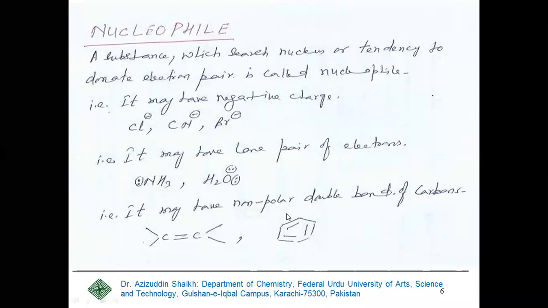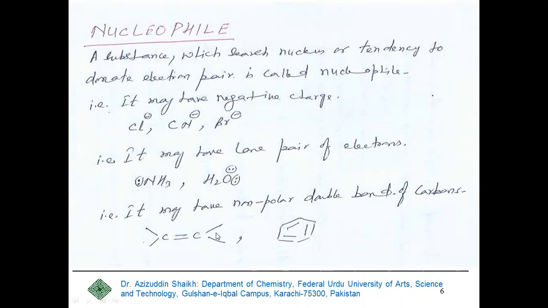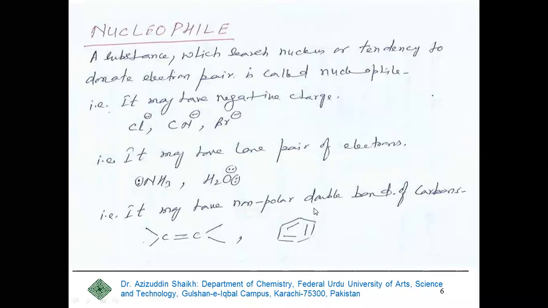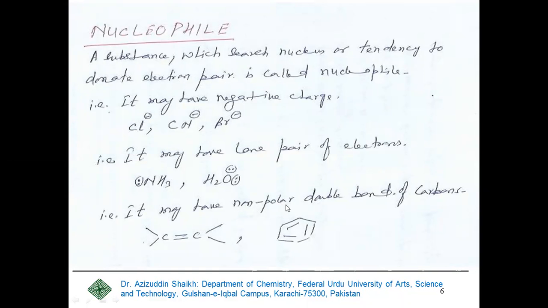It may have a non-polar double bond of carbons. In this carbon double bond, the pi bond shows nucleophilic character. Similarly, in an aromatic system like benzene, the pi electron density shows nucleophilic character.